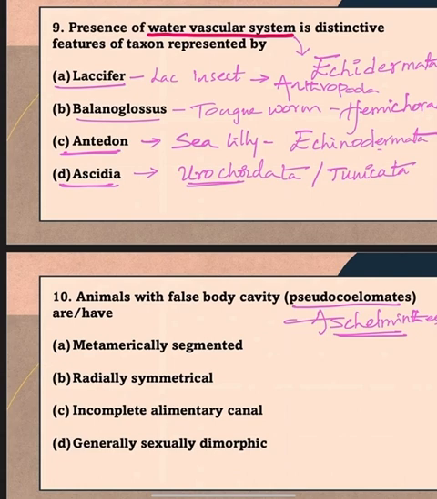Let us see the options, children. Metamerically segmented body must be there in annelids, arthropods, and chordates. So this is a wrong answer.